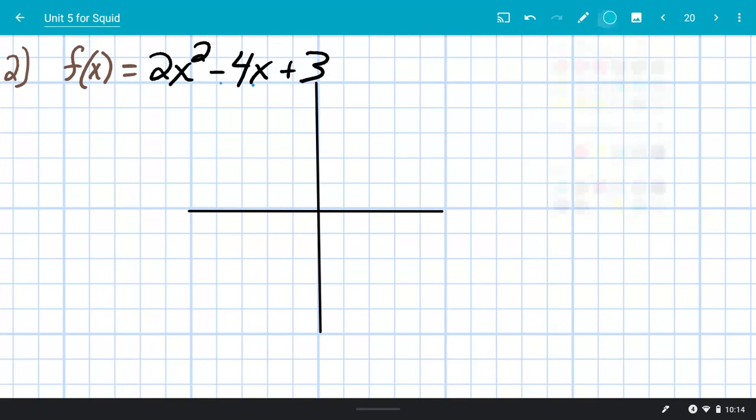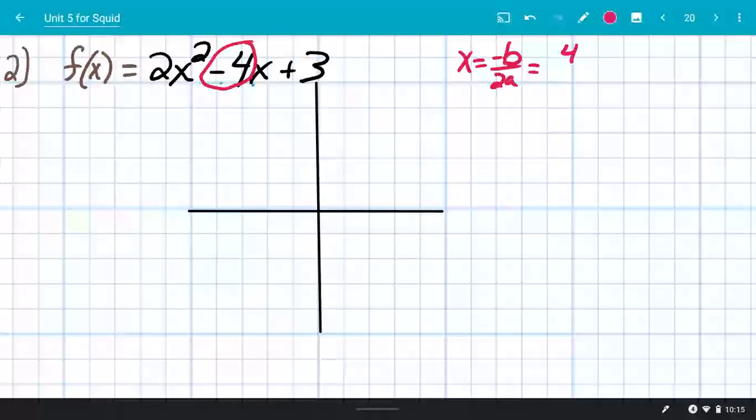Therefore, I've got to use, let me go back to red, x equals negative b over 2a, right? So in this case, negative b would be a positive 4. Why? Because that's a negative 4 right there. And negative b is the same thing as saying the opposite of b.